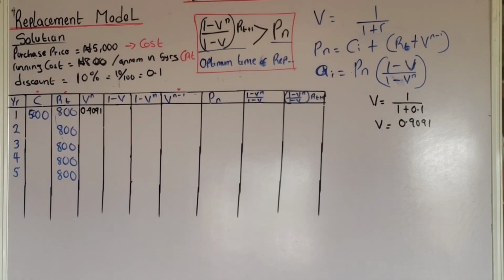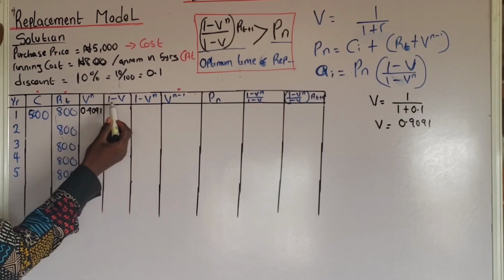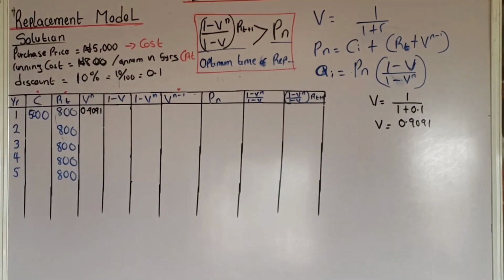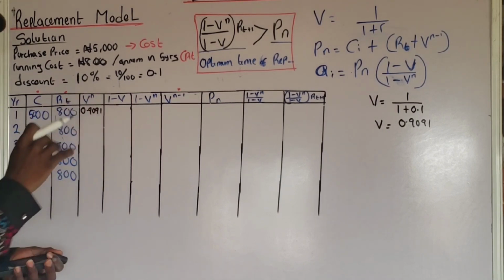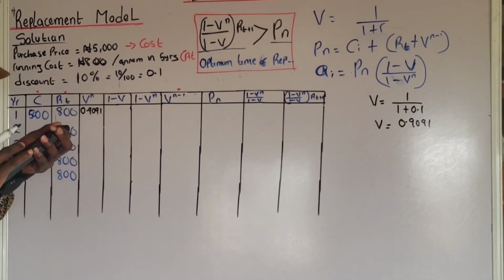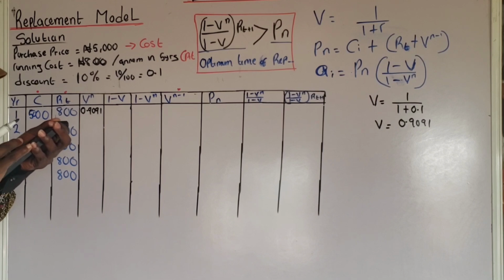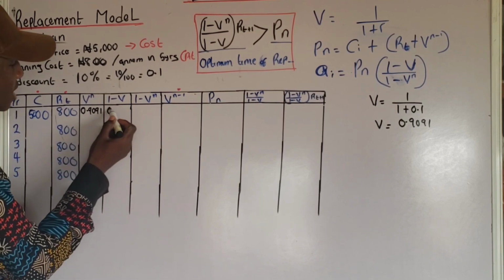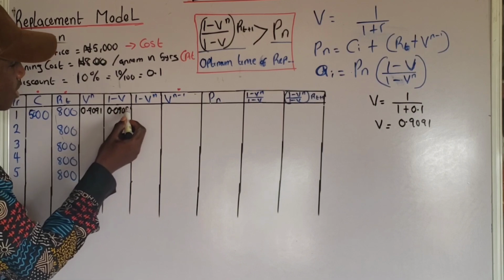That's how I got 0.9091. Now, let us proceed to the next column. Here we have 1 minus V. Don't forget that V is 0.9091. So in the next column, I'm going to have 1 minus 0.9091, that is 0.0909. So here I'm going to have 0.0909.